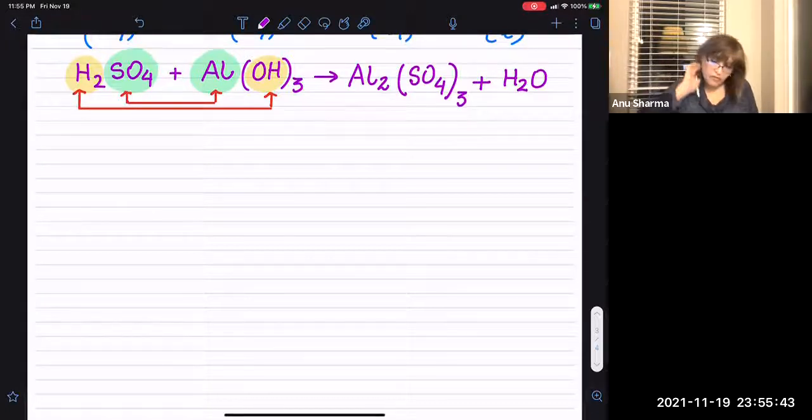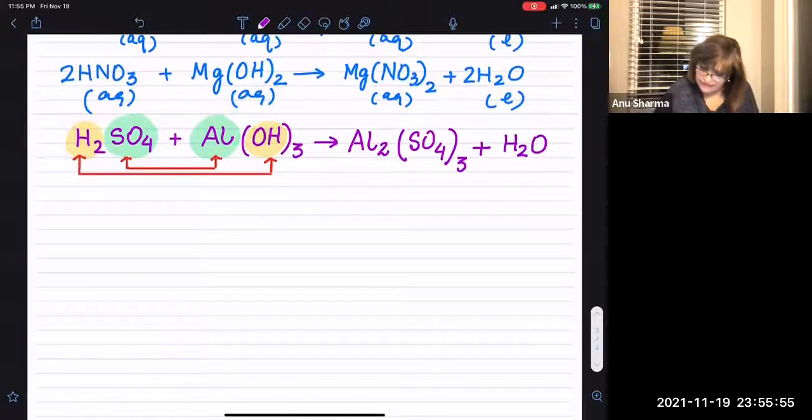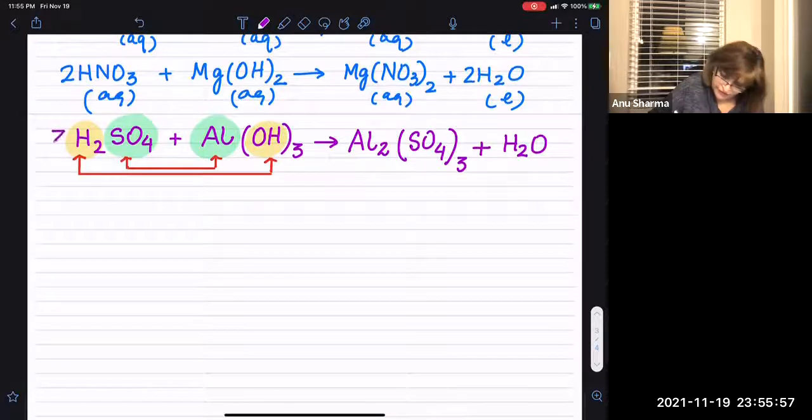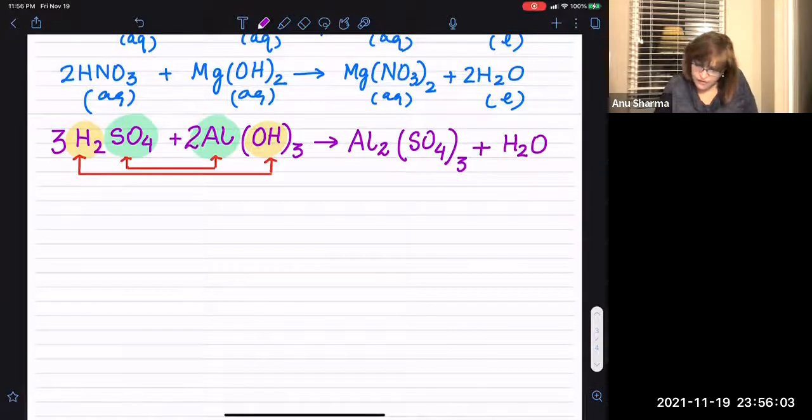All right, now we have balancing. So we have 2 aluminums and 3 sulfates. So if we put 3 here, then 3 sulfates and 2 aluminums. And let's see. So there are six hydrogens on one side, and 6, 7, 8, 9 hydrogens.